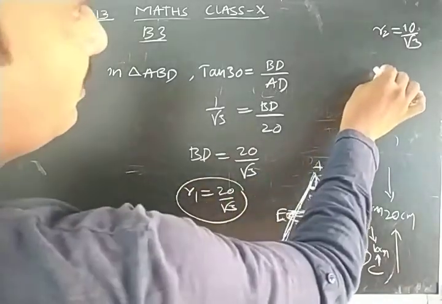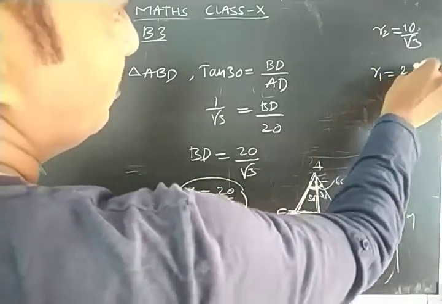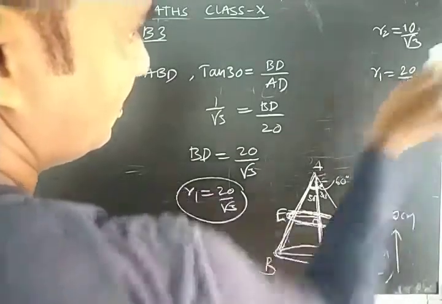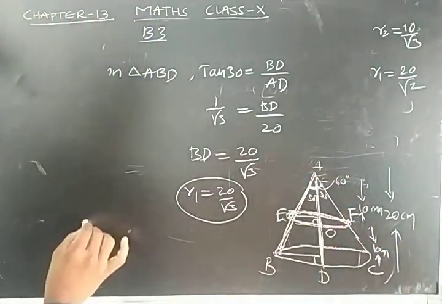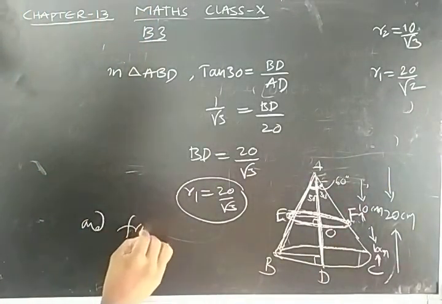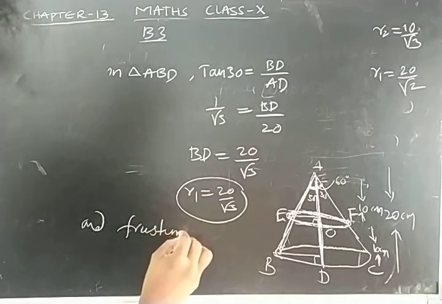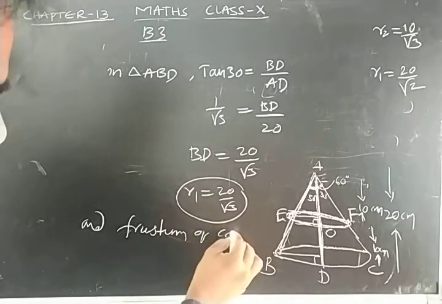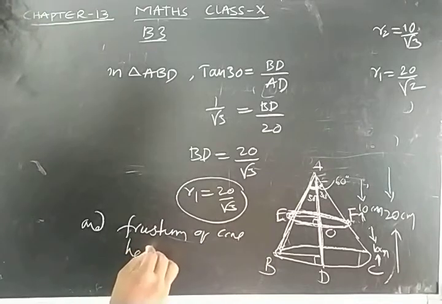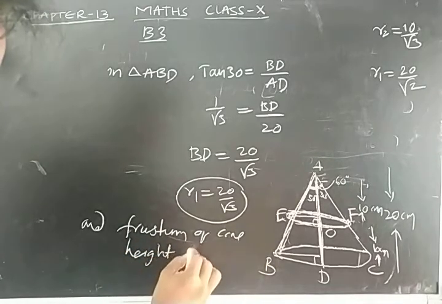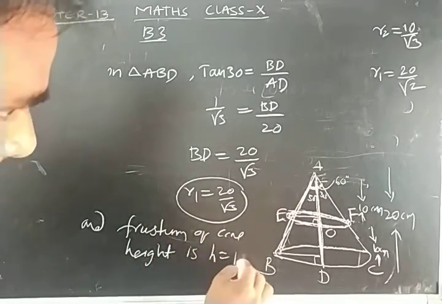So R1 is 20 by root 3, and what is the frustum of cone height? H equal to again 10 centimeters. Why?